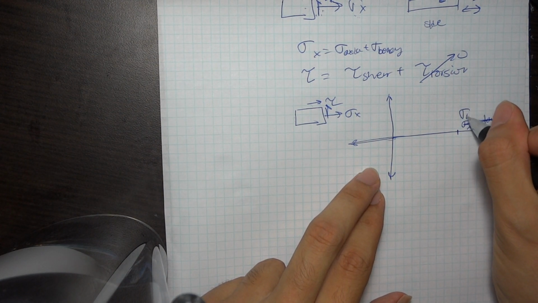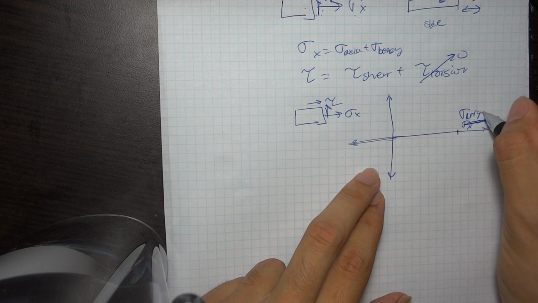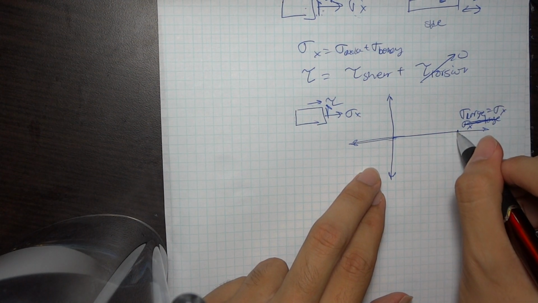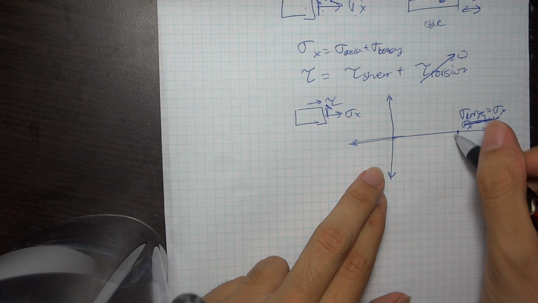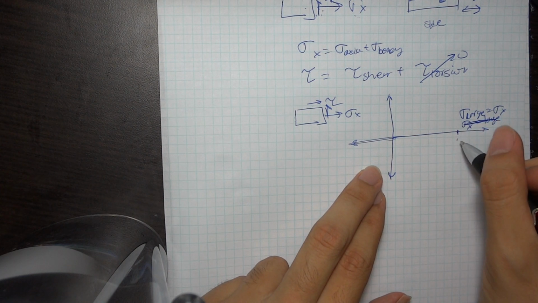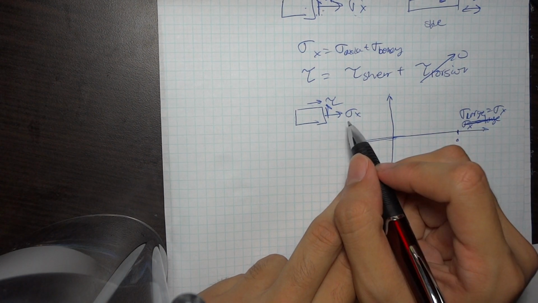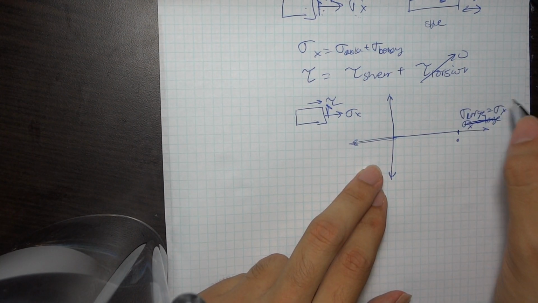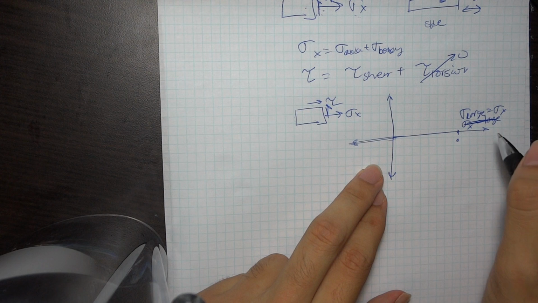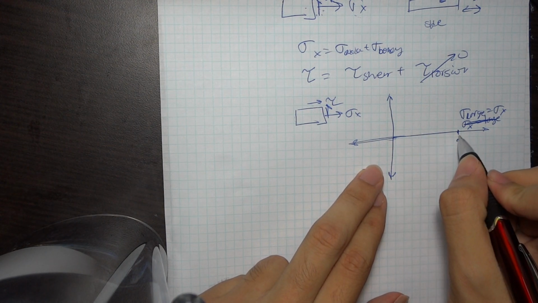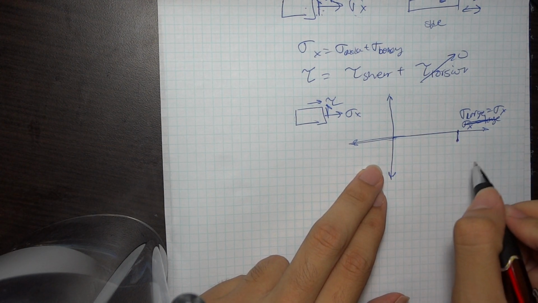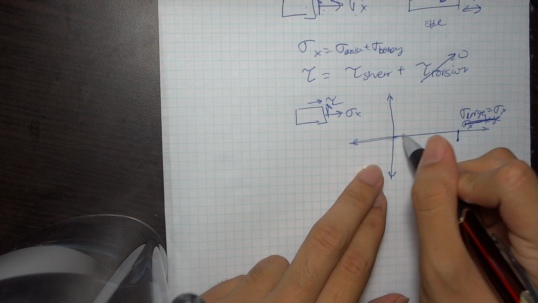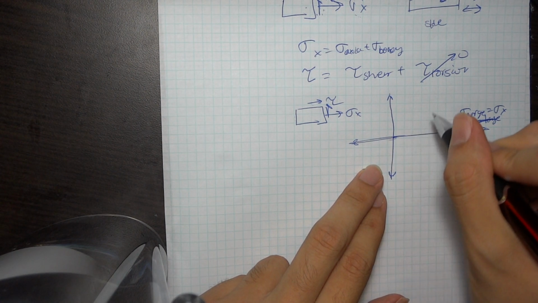I should say sigma large equals sigma x all the way over here, and it acts downwards by tau. When your tau is positive, you give this thing a negative slope. So you put your tau downwards like this. Now over here you have sigma small.